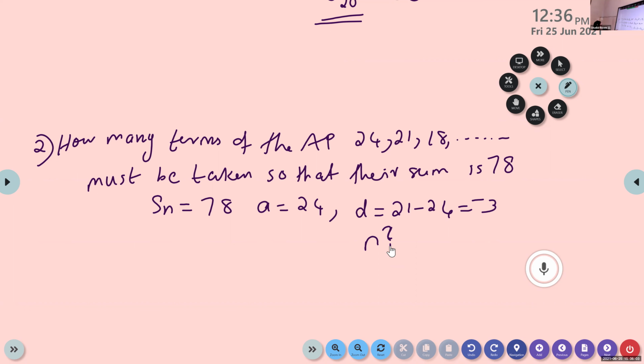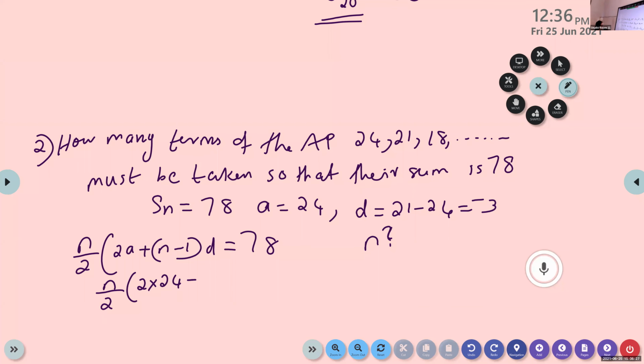So Sn is n by 2 into 2a plus n minus 1 into d. Sn is 78, and n we don't know. N by 2 into 2 into 24 plus n minus 1 into d, which is negative 3, equals 78.